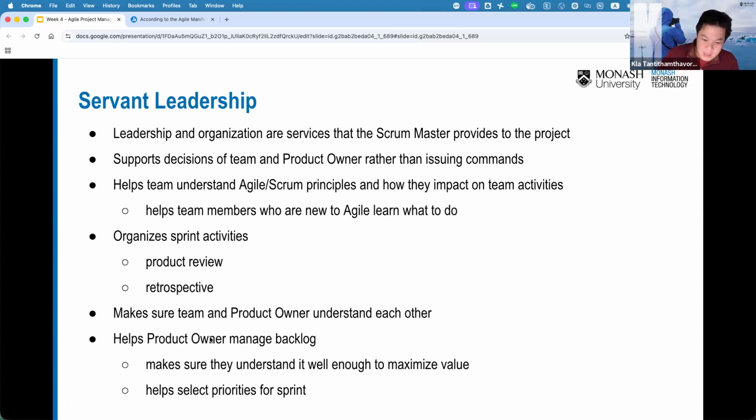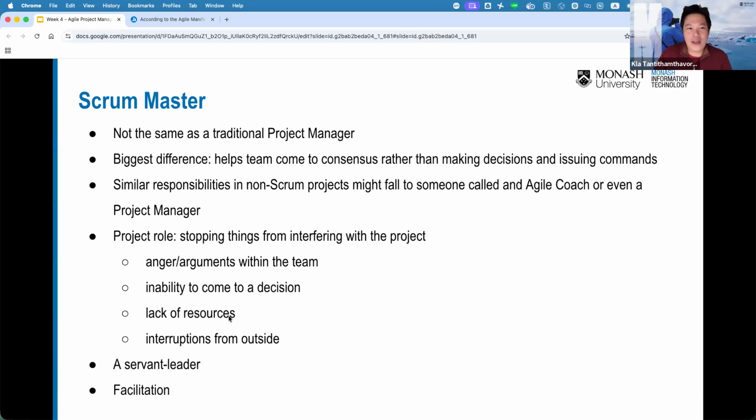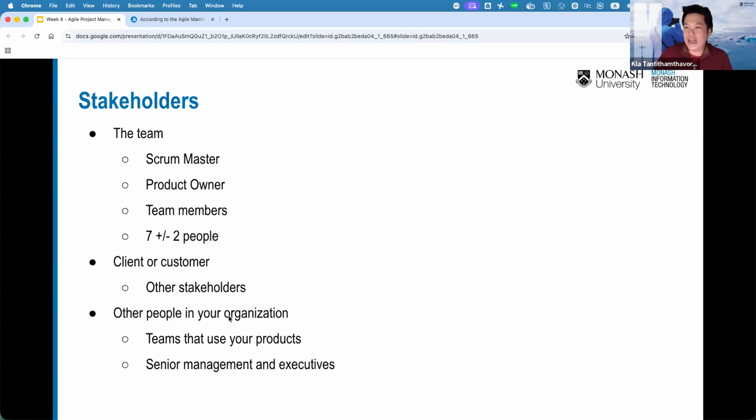Yep. Okay, so question, initially a project might have both a project manager and a scrum master in one team. Yes, possible. As I mentioned, the scrum master is not the project manager. Sometimes if you want the team to be very lean, let's say you work with a client, you have a budget of 10K, and you need to deliver something in a month, you cannot hire 10 people to work on it.